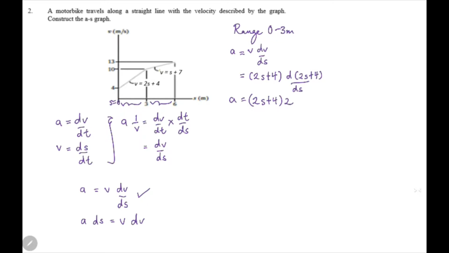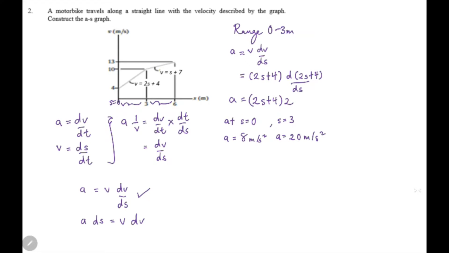So let us find the a values at those points for the first range of 0 to 3 meters. At s equals 0, we have a equals 8 meters per second squared. And at s equals 3, we have a equals 3 times 2, 6 plus 4, that makes it 10, so this would be 20 meters per second squared.